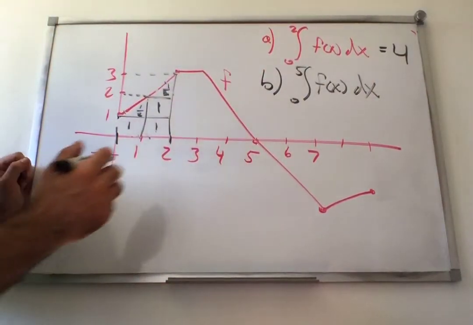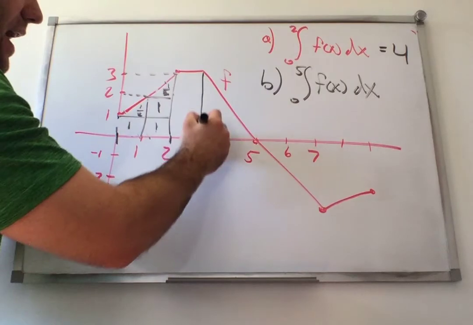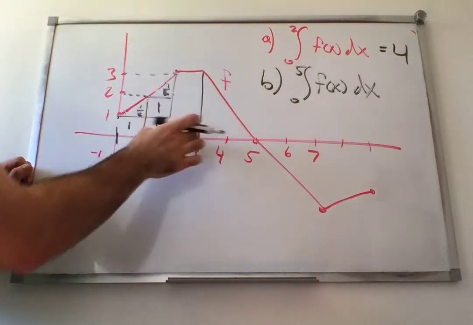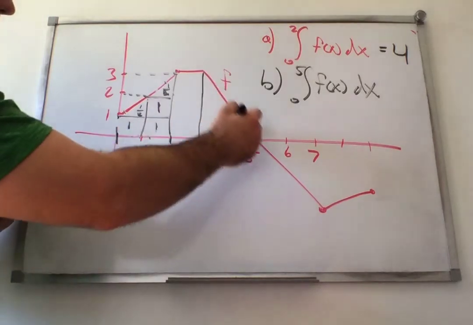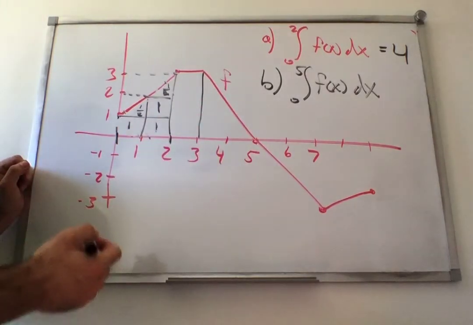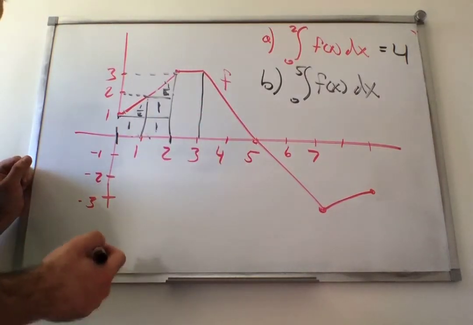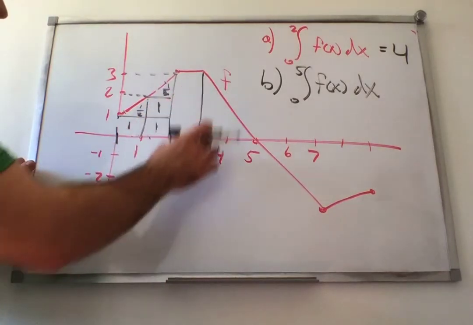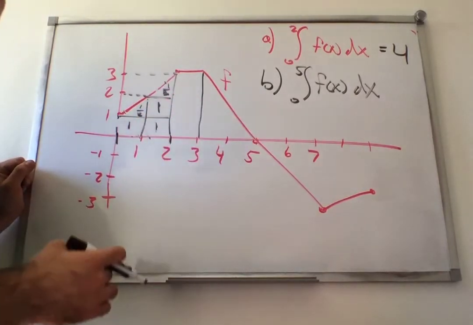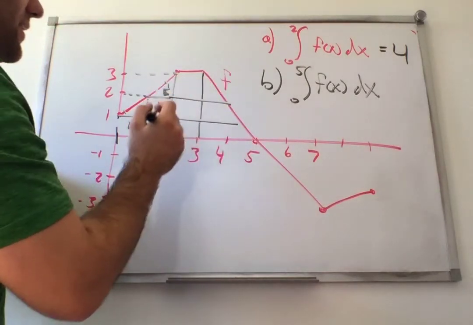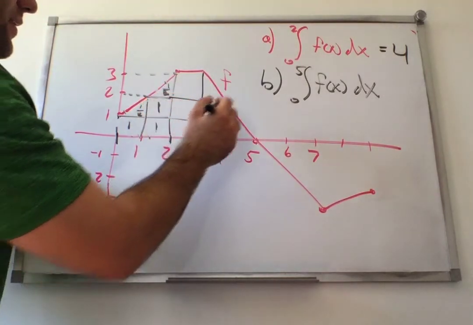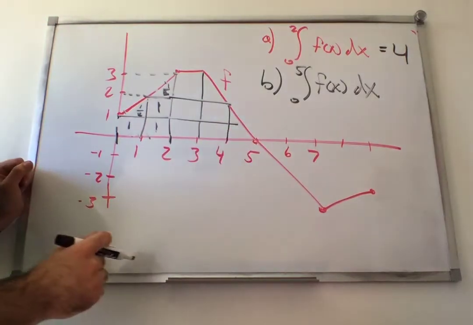So all we have to do now is, this is a nice rectangle we could easily find the area of, and this right here is a nice triangle we could easily find the area of. So we could do it that way: find the area of the rectangle, find the area of the triangle, and then add the areas together. But as I said, this is pretty nicely sectioned for you.